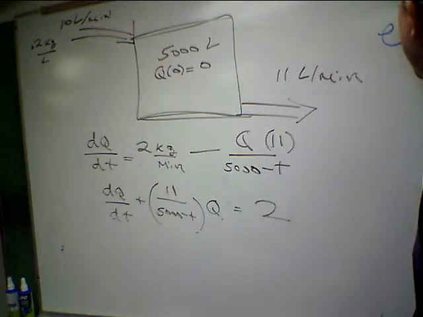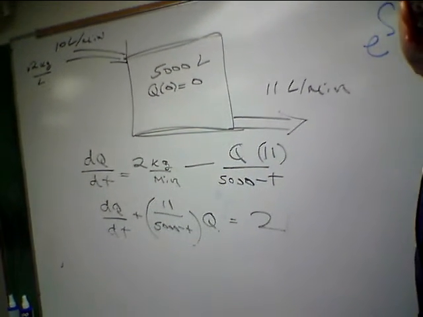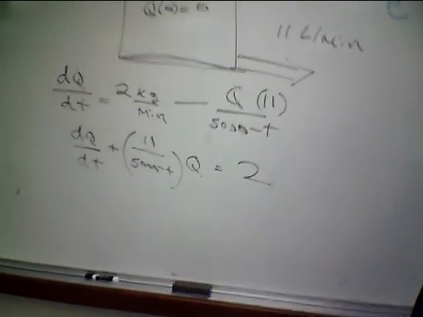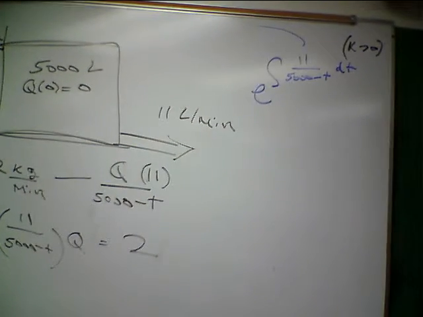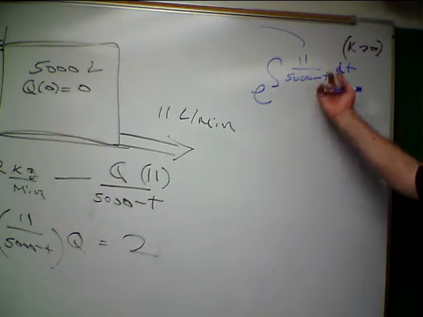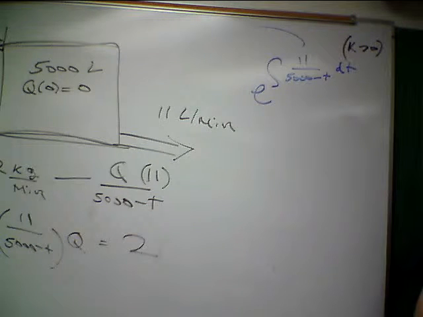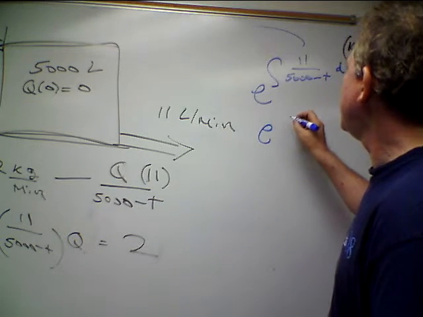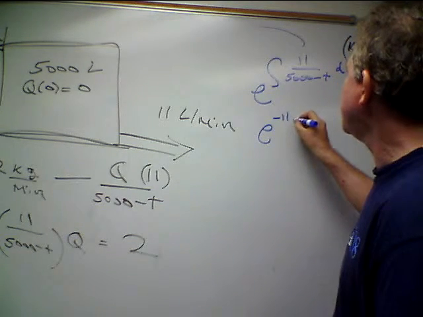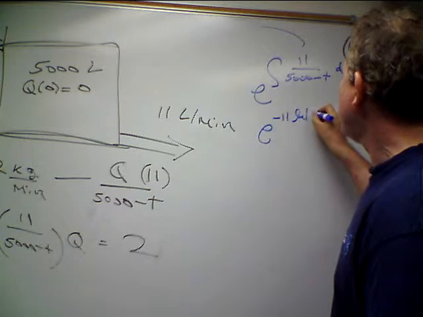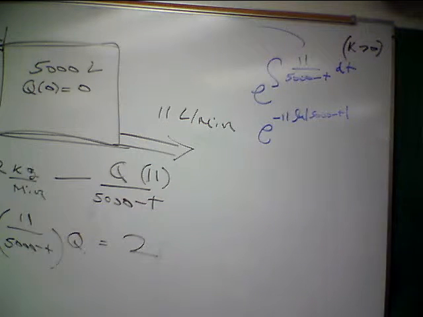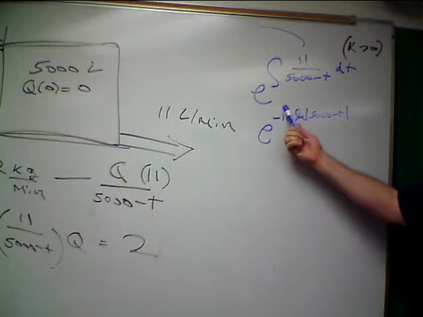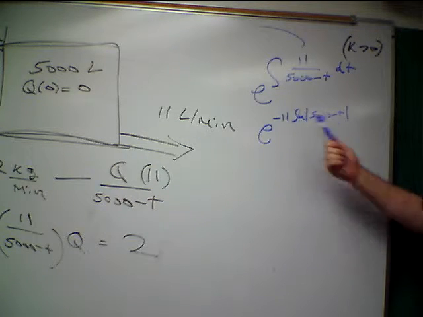It's e to the antiderivative of 11 over 5,000 minus t dt. So we just have to do this. What's the antiderivative of this? Negative 11 ln 5,000 minus t. E to the minus 11 ln 5,000 minus t. And what is that? What can we do with this minus 11 with an ln?